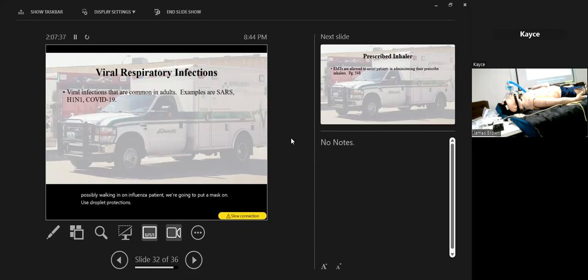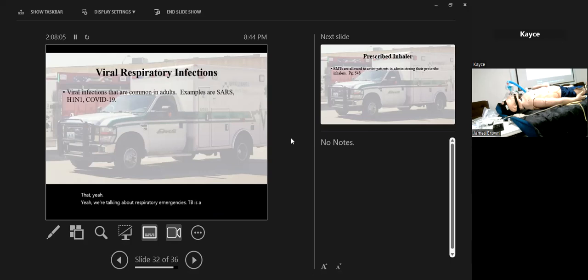Wouldn't tuberculosis also be covered under this? You're right, it should be, but it is its own little category under infectious disease, and we'll get into that. We're talking about respiratory emergencies. TB is a chronic illness.